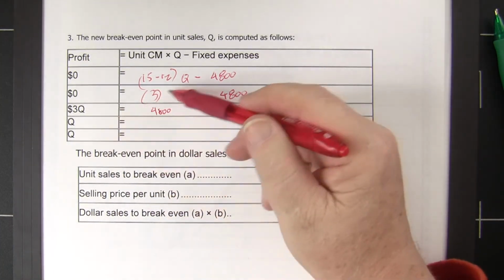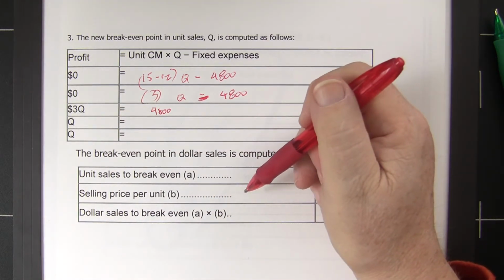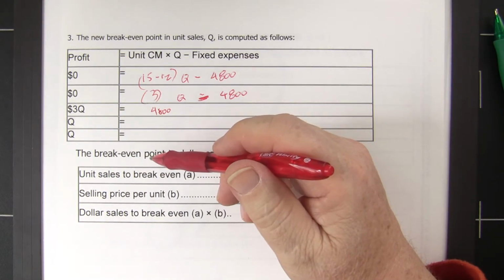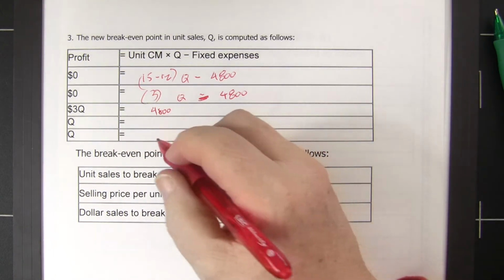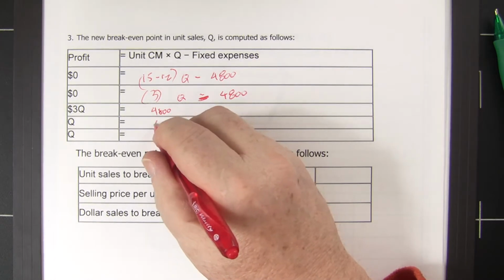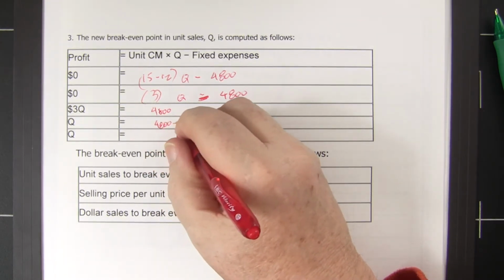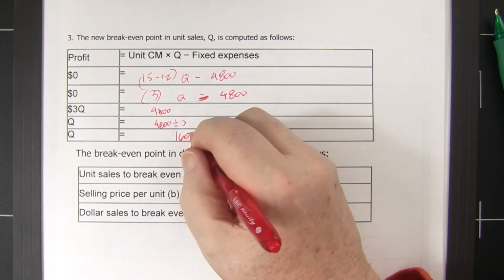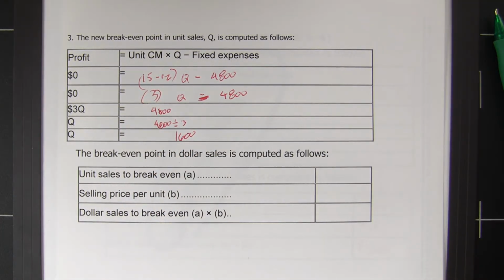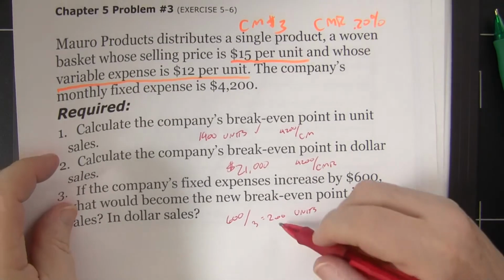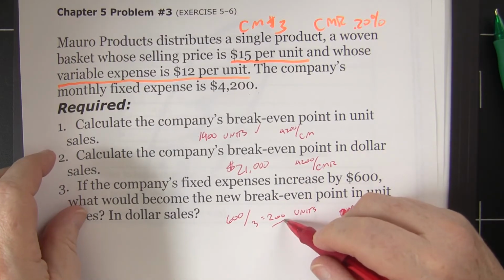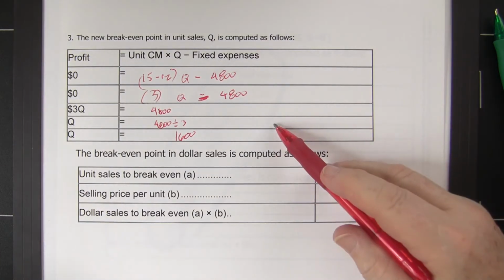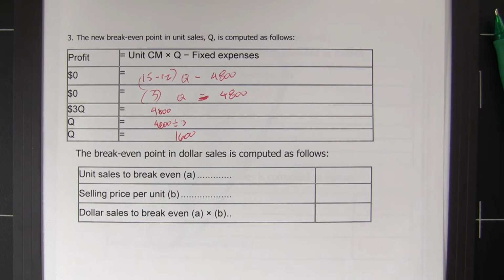We just moved the 4,800 over and changed the signs so that they're both positive. 4,800 divided by 3 gives us a new break-even point of 1,600. We needed 200 more, so we add 200 more to the 1,400 break-even. That gives us the 1,600 units that we need.